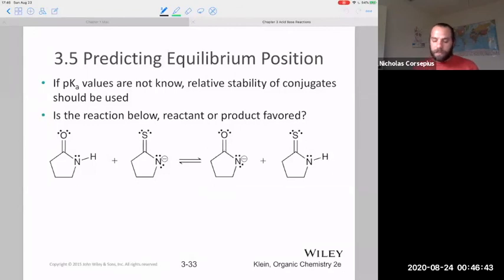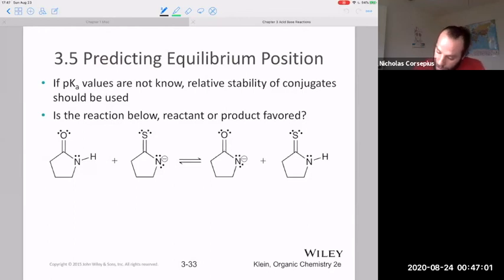All right, the last thing that we can do, now that we've gained this ability to qualitatively assess the strength of acids, is to remember how we were using pKa's to determine which direction an acid-base reaction favored, whether it favored reactants or products.